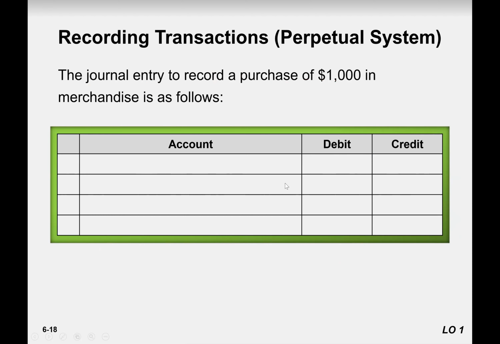So the journal entry of purchases of 1,000 goods in merchandise: can you make this entry? You purchase 1,000 worth of goods. The question is silent about whether this is a cash purchase, so make it a credit purchase. So what would be the entry?